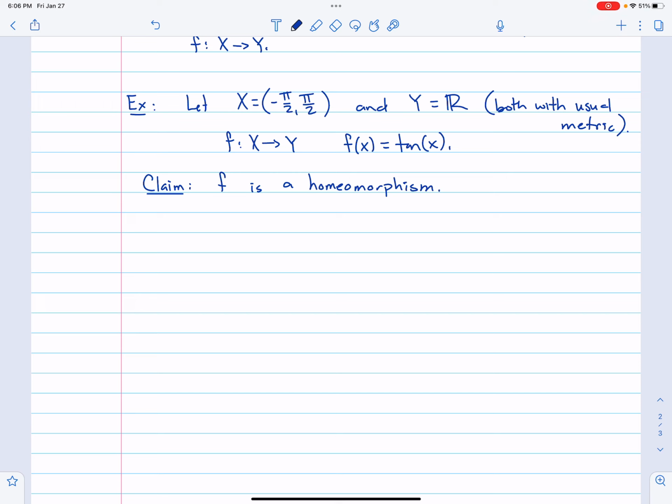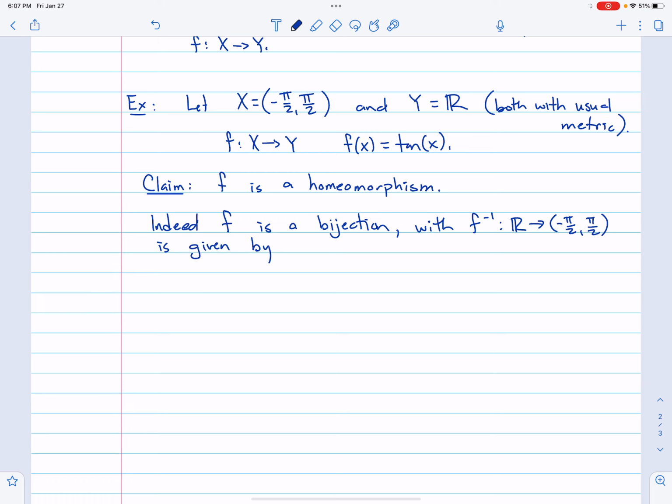We need to check that f is a bijection. So f is a bijection, and the inverse function from the reals to negative pi over 2 to pi over 2 is just given by the arctan function.